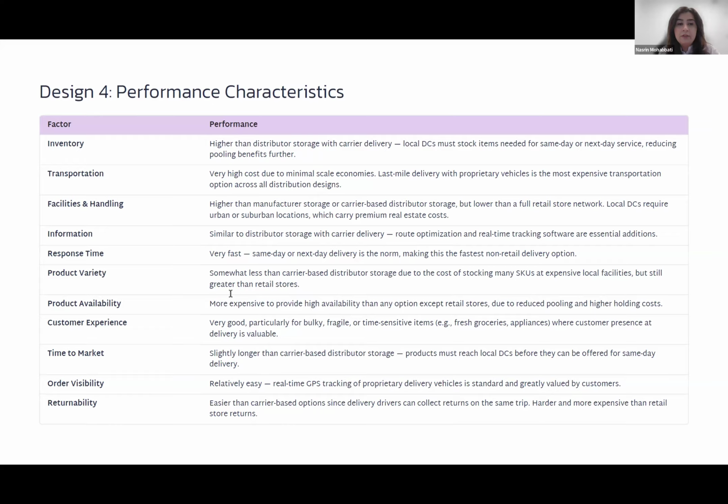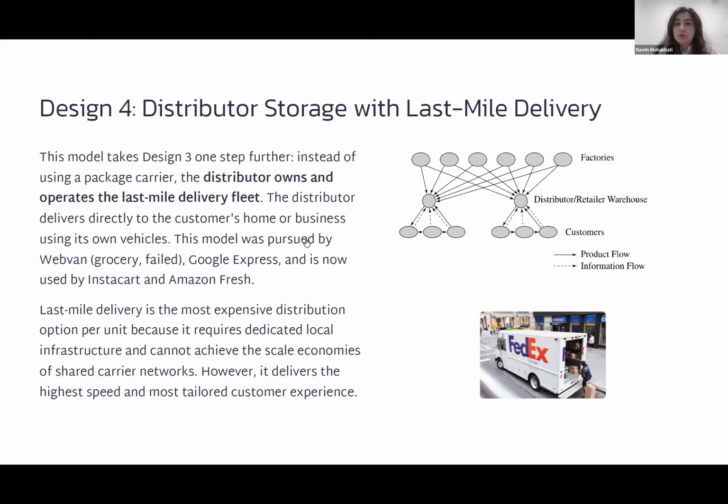Product variety will be less because now we have multiple distribution centers, obviously smaller than factories, and we can have a limited amount of inventory stocked in them. So availability as well as variety will be less compared to the first two options where we were shipping from the manufacturing centers.